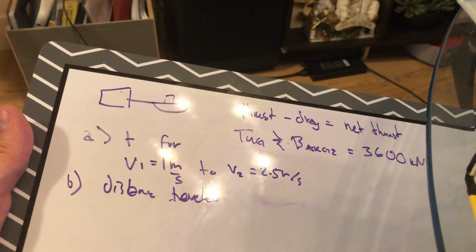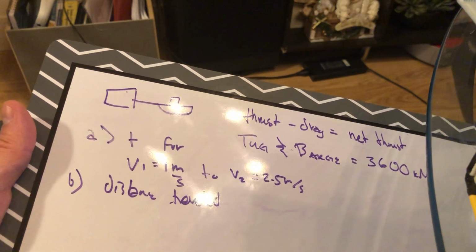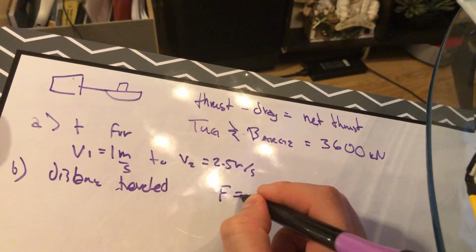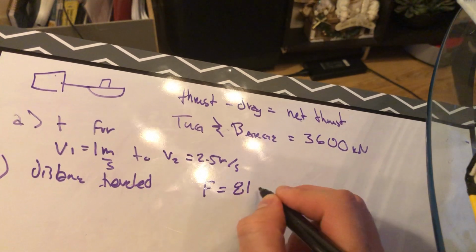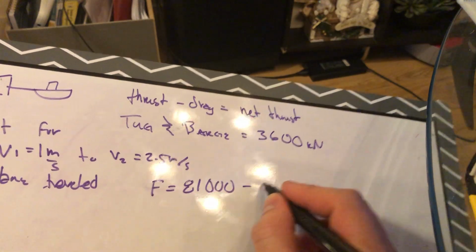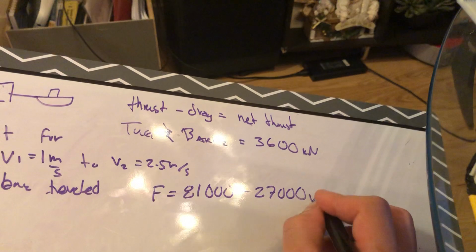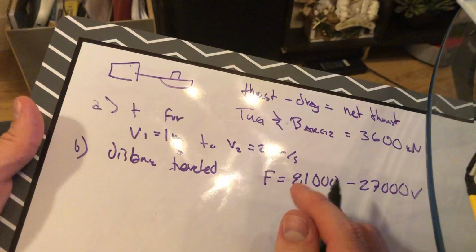And we're actually given the function. So the force is represented by 81,000 minus 27,000 V. Okay.